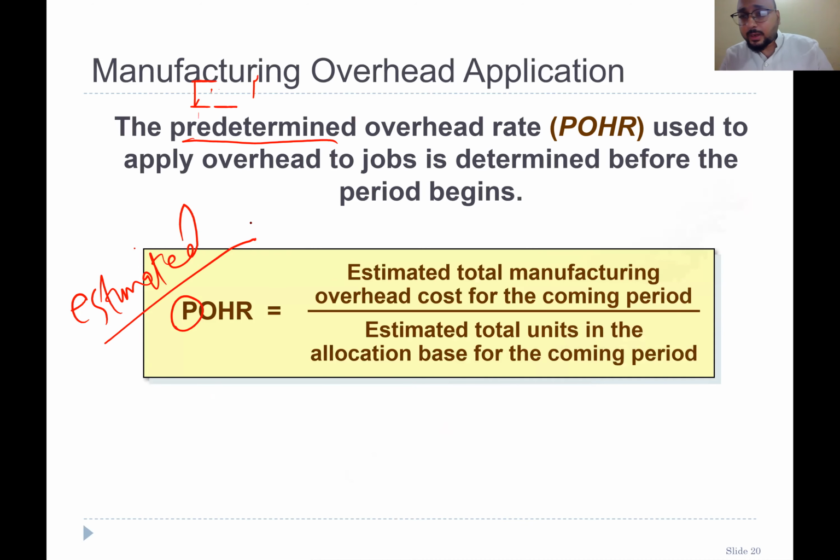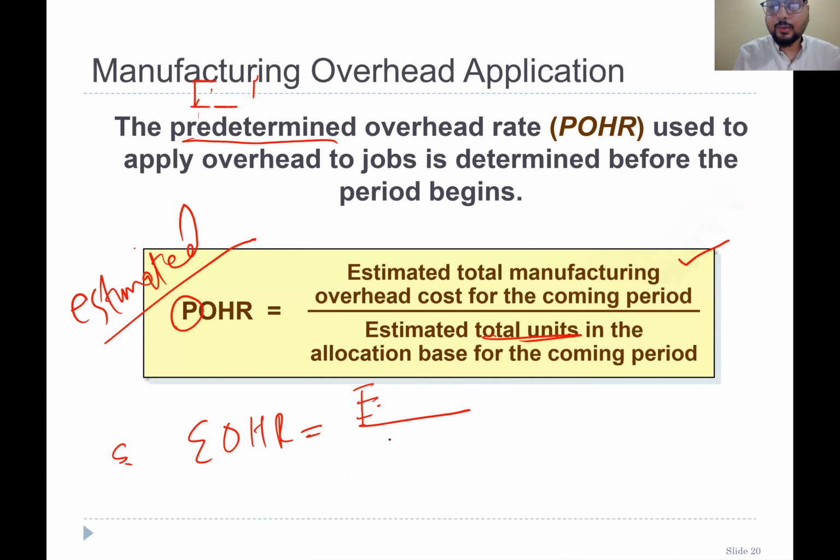If you want to find out the estimated overhead rate, remember, estimated total MOH divided by estimated total units. So it means you must compare apples to apples. Both numerator and denominator must be estimated. Estimated cost divided by estimated units.